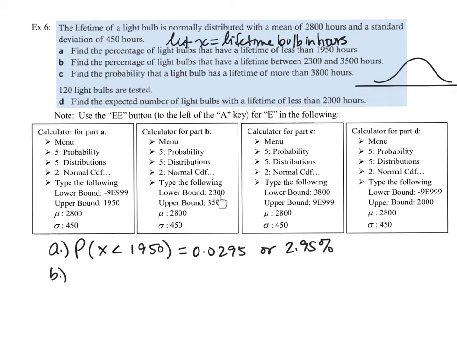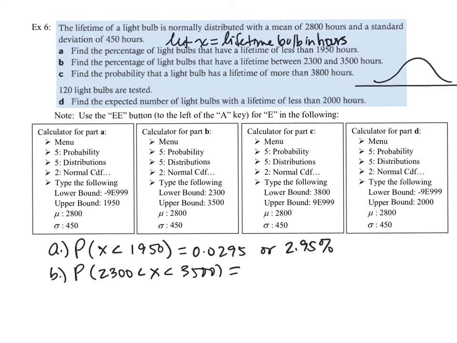That's where you'll type the 2,300, and then it'll prompt you for an upper bound. That's where you'll type in 3,500, with the same mean and the same standard deviation. So our probability that the bulb lasts between 2,300 and 3,500 hours.